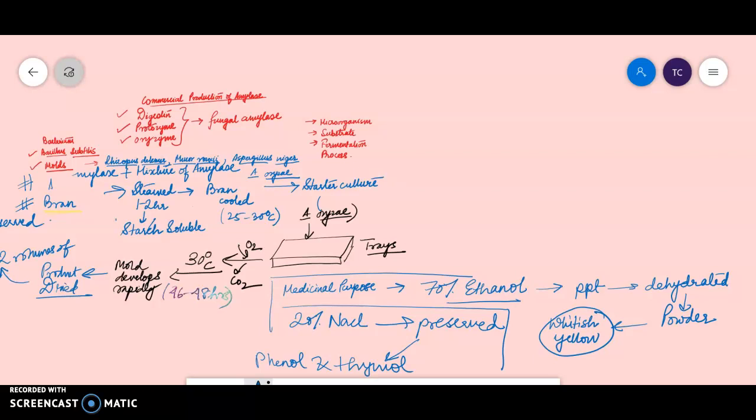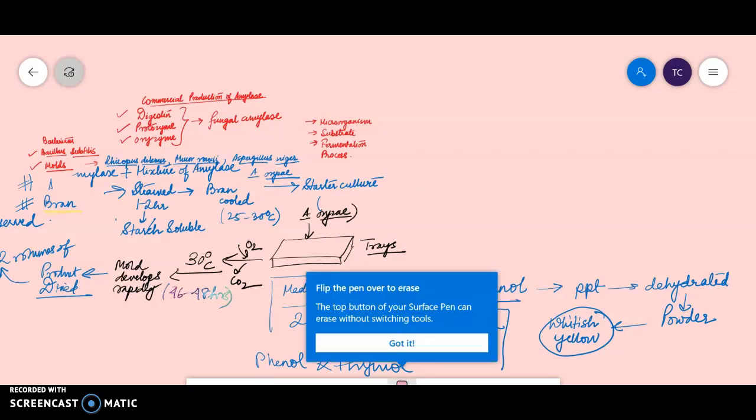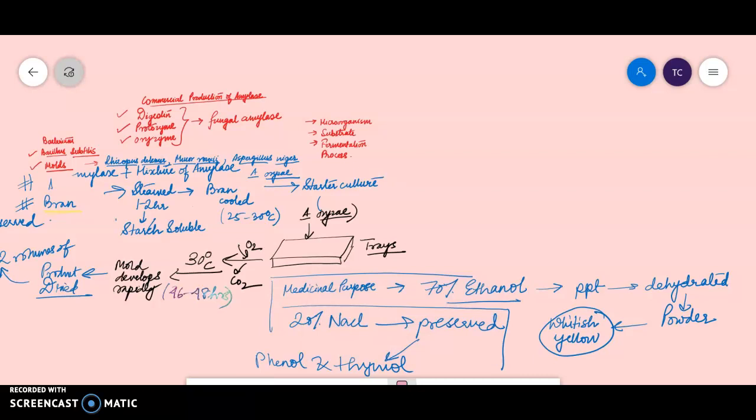So this is the overall production of your amylase, the flow chart of your amylase production, right? So next we will move on.